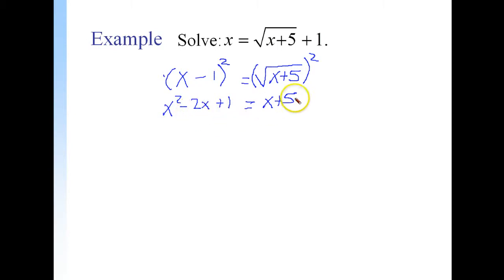Now we're going to integrate this to this side, and we get x squared minus 3x, because this comes over as a negative x. This comes over as a negative 5. Negative 4 equals 0. Again, we're going to find the zeros. We have a quadratic equation. So we're going to factor this.